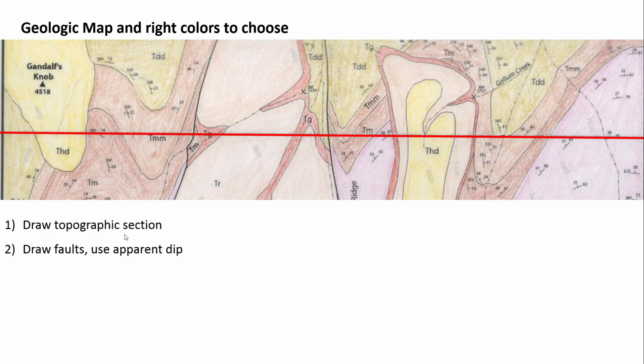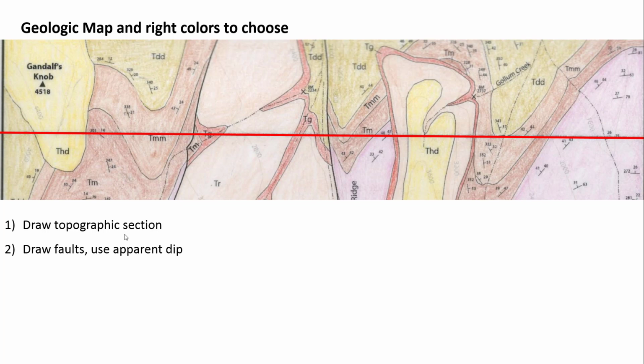Here I'm going to show you the steps that I normally take for producing geological maps and cross sections. Mostly in this presentation I'm focusing on cross sections. First of all, as you learned, you're going to draw the topographic section, and then the next step you're going to draw the faults.